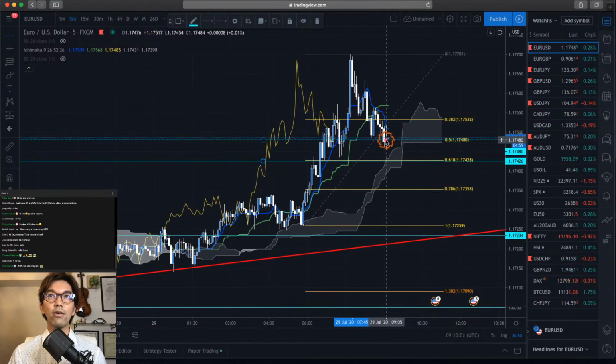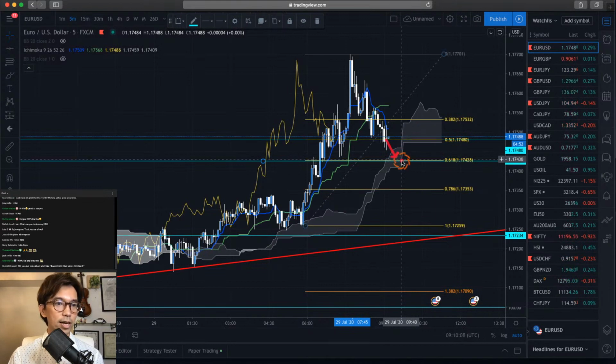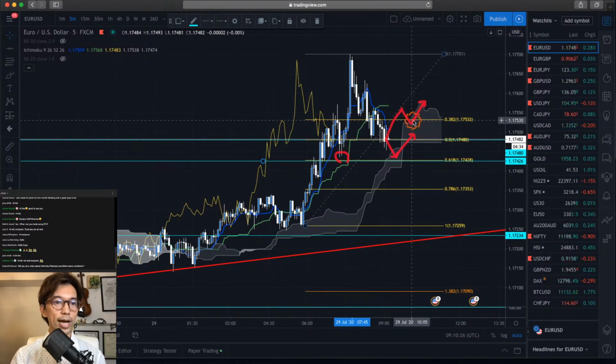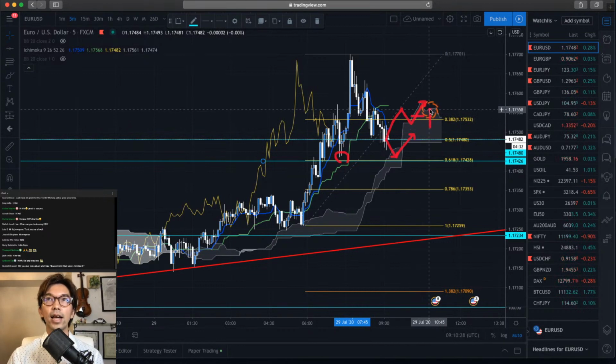So if it goes downwards, then there's a good chance that the price will be supported by the 61.8% level, or a little bit before the 61.8%, and it goes upward this way because there was a support in the past. But if the price goes upward this way, then I will wait for the N wave, and if there is a next pushback, then I take a buy.